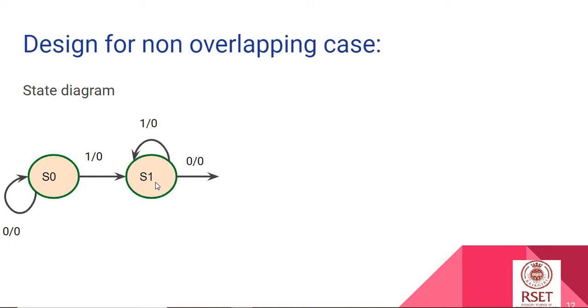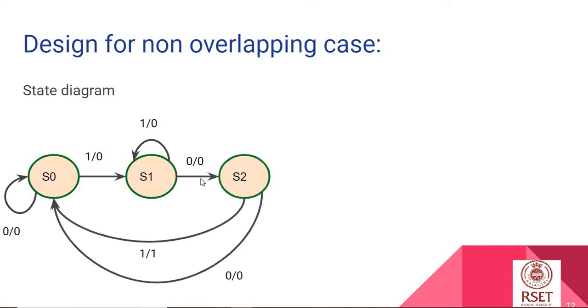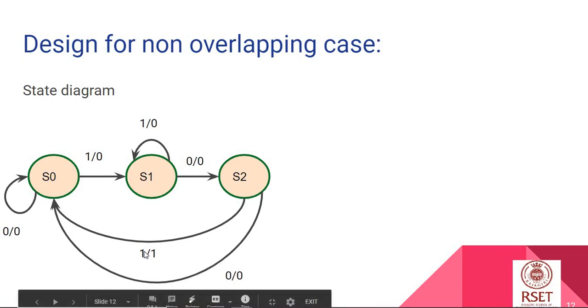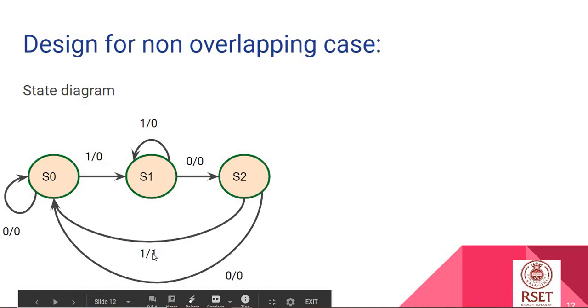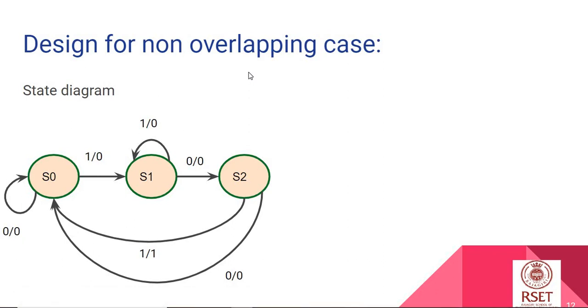If I get a 0 at this state, I am now in the condition that I have 1 and 0 with me. So when I get 1 and 0, I reach the next state, and in this state of 1 and 0, I should get a 1 to complete my sequence. When I get a 1, I can output 1 because now I have my inputs as 1, 0, 1. So my sequence is detected and the output is 1. And then again I go to the starting state because it's a non-overlapping case.